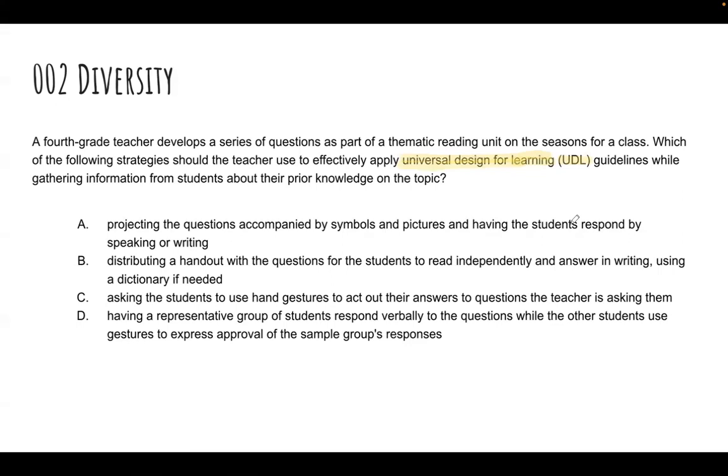And then we're going to have to say what is UDL and what does it mean? It stands for Universal Design for Learning. So it's a type of lesson plan, and there's guidelines to it.